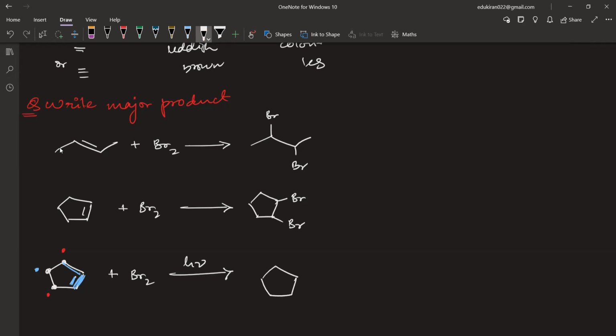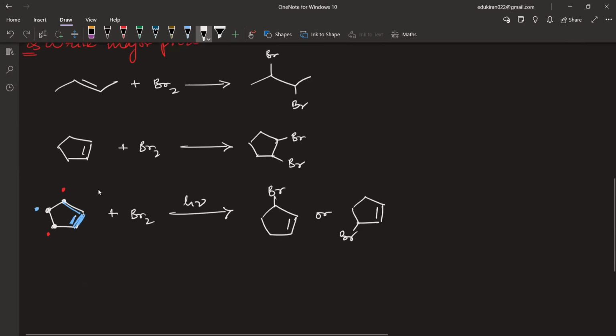All the pi bonds will be like this, and you will get a Br here on top, because this free radical will be very stable. Or the same thing will be there if you draw it like this. Both of these are the same molecules. So you have to take care of this. Whenever you see H nu and there is a double bond, you look for resonance. So there will always be resonance.